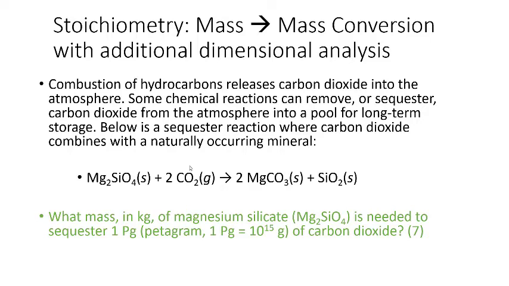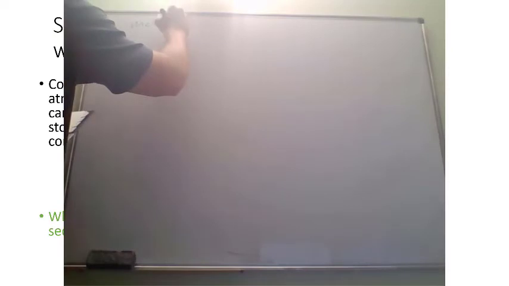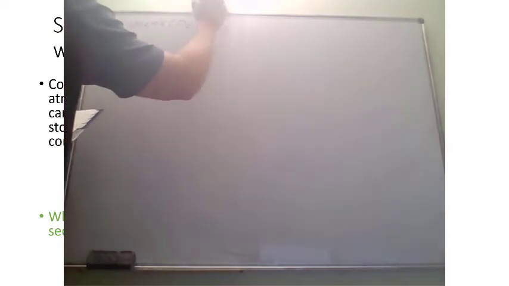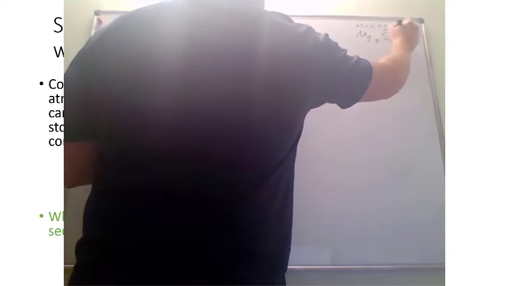Okay, so this seems like a very scary problem, but really you're going to see that it's exactly the same as the last problem. It just involves a couple of unit conversions. So let's take a look to see what we have to do. Again, we're going to start off with our flow chart. We start off with a mass of CO2. Our final answer needs to be in mass of Mg2SiO4.